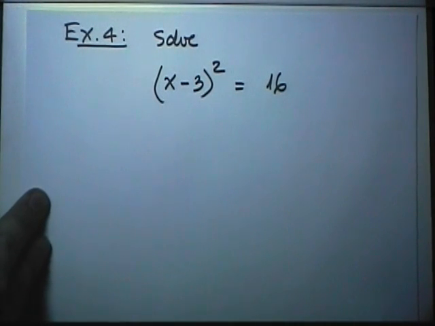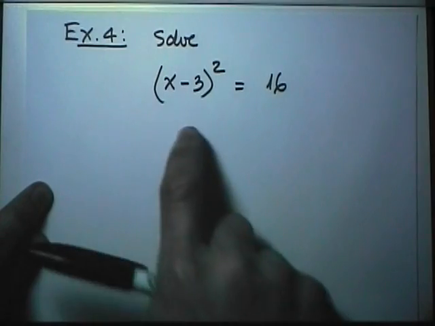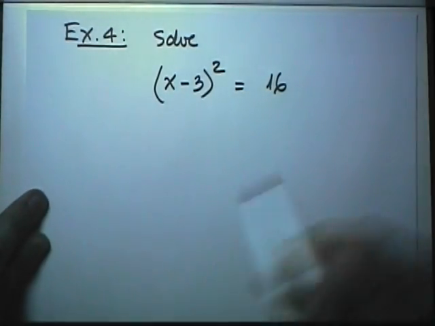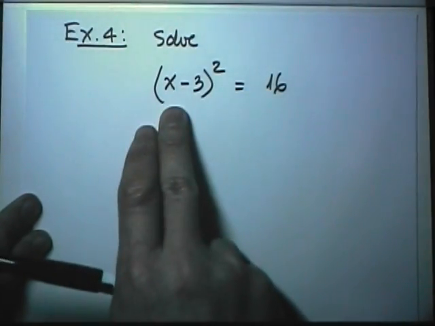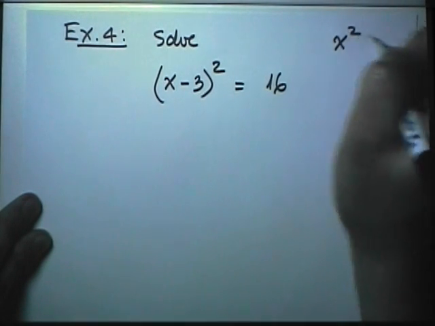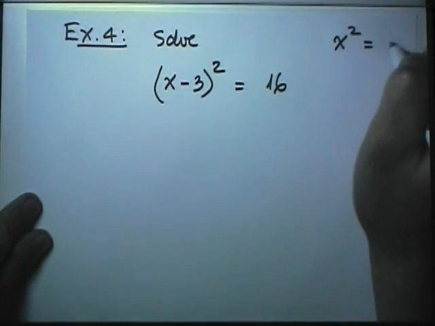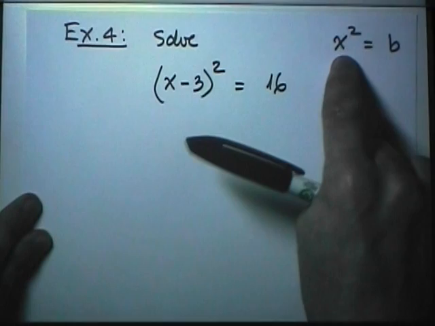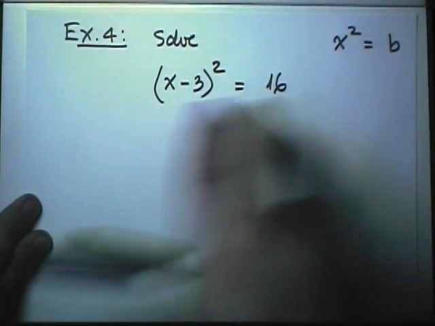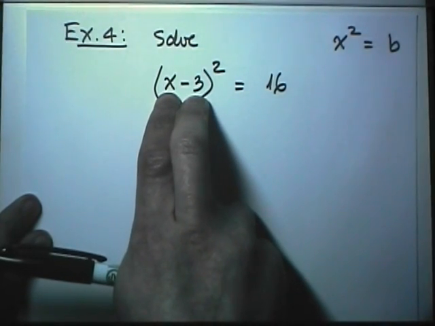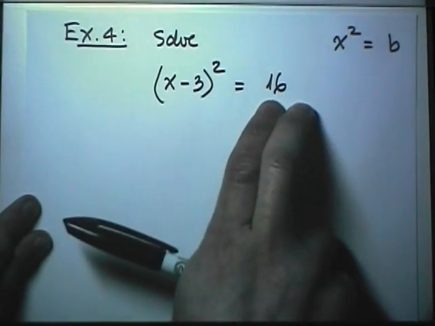Now, at first it looks a little bit troubling, I would say, but don't panic. Even though it's not simply an x squared equals a number, think about it. You can treat the whole x minus 3 here as one unit, right? So what we do have is something all squared equals 16.